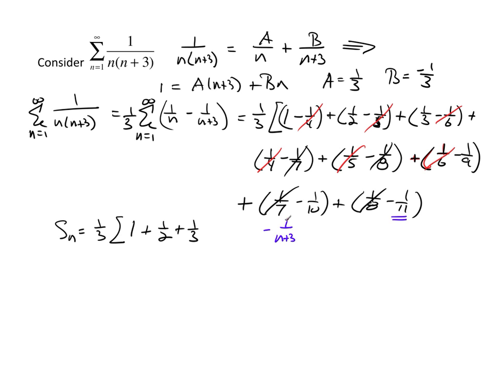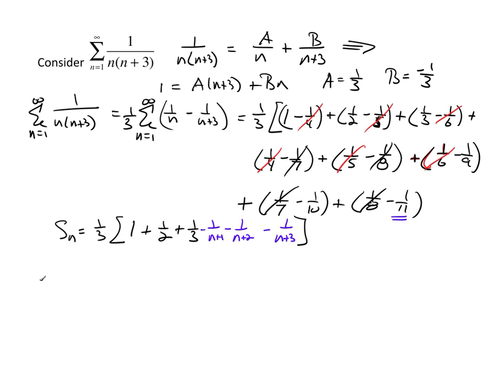This term is 1 less, so that's going to be minus 1 over n minus 1 plus 3, which is n plus 2. And then this last one is minus 1 over n minus 2 plus 3, which is n plus 1. So pick an n way out here beyond 6, 7, 8, 9, because all these terms are going to go away, and these are the terms that are always going to be left.